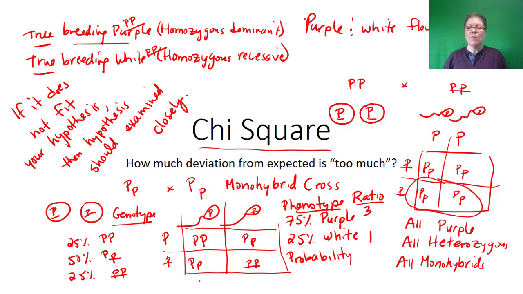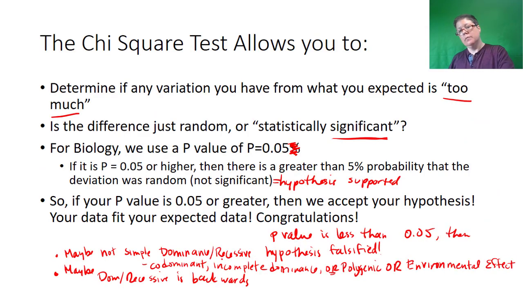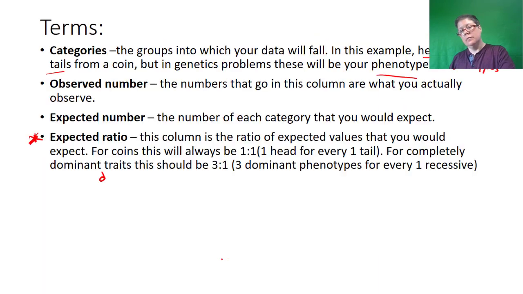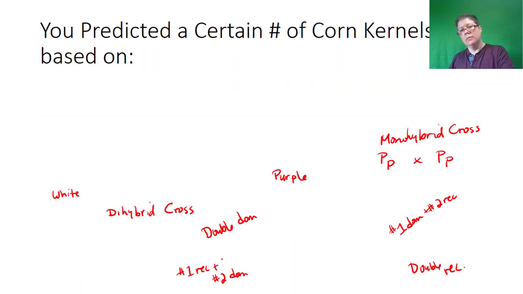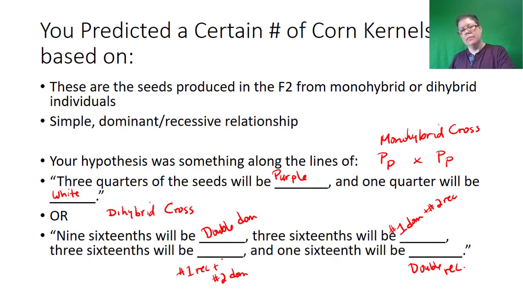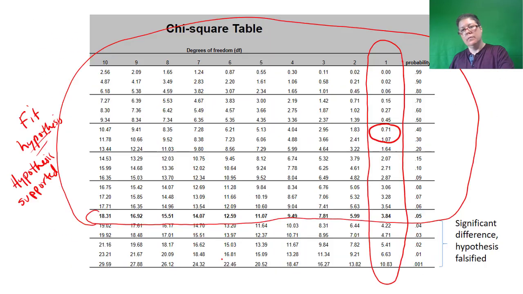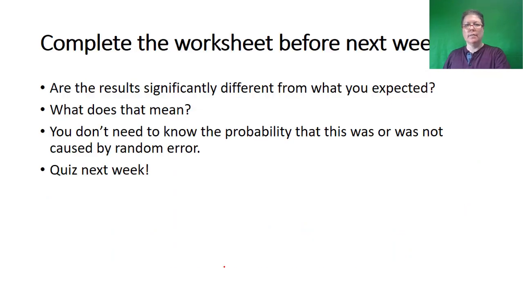Next time we mate them, same thing. So if we count 3 purples, that does not mean the next one will be white. So we use our chi-square table and the chi-square analysis just to tell us if those data fit our hypothesis or falsify our hypothesis.